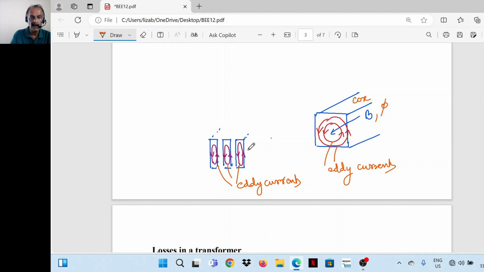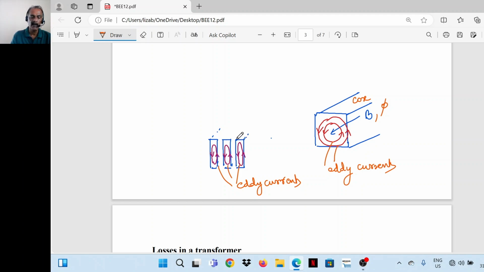Accordingly, eddy current loss also will be less. So eddy means circulating currents through the core. These currents are produced by the EMF induced by the time varying flux in the core itself. If it is a solid core, even a small induced EMF can circulate a large current.